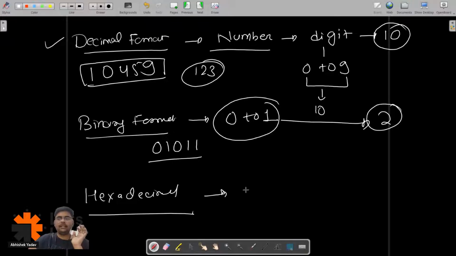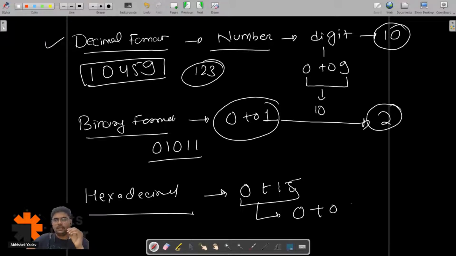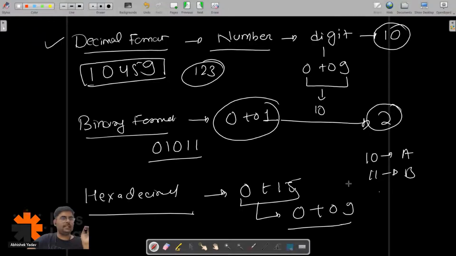Similarly, I have hexadecimal format, right? In hexadecimal format, you can create a number with the help of digits from 0 to 15. Here 0 to 9 are represented with the digit itself, and 10 is represented as A, 11 is represented as B. Similarly, 12 is C, 13 is D, 14 is E, and 15 is F here, right?